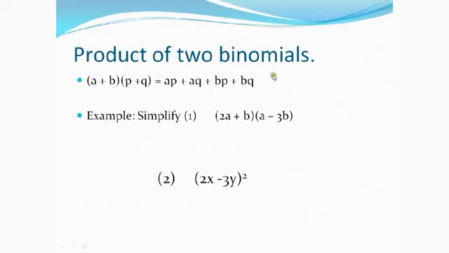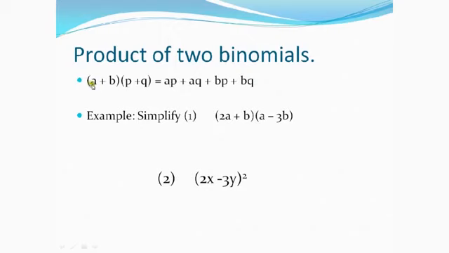Once again, the distributive law is going to be applied. In my example here, or in my notes, I have got (a + b) in brackets, (p + q) in brackets, which means this bracket is multiplying that bracket. And what we have done here is to take a and multiply it by p, and we get ap.